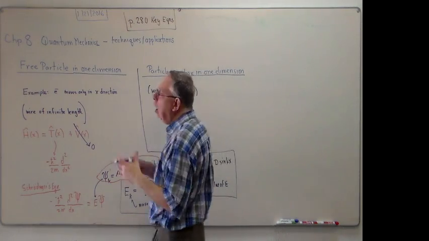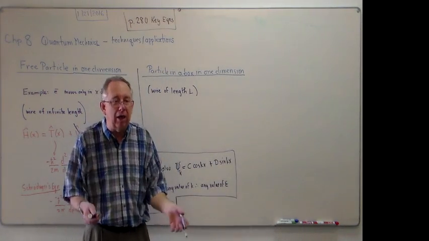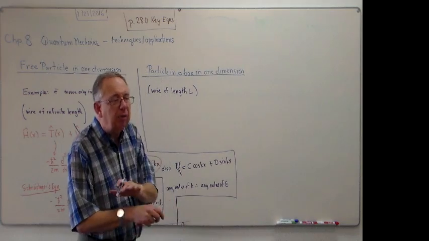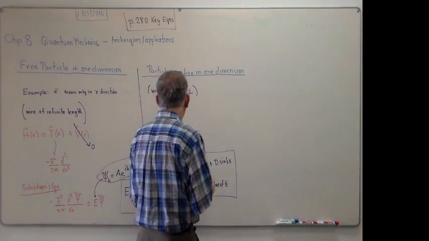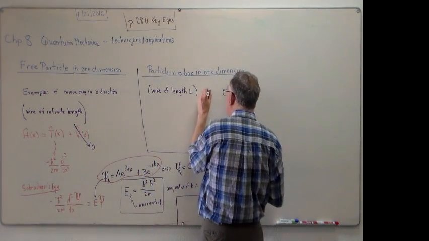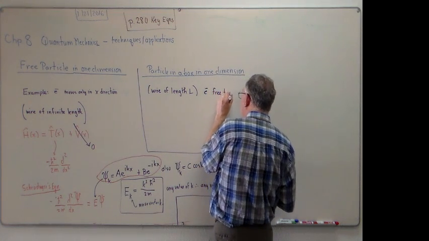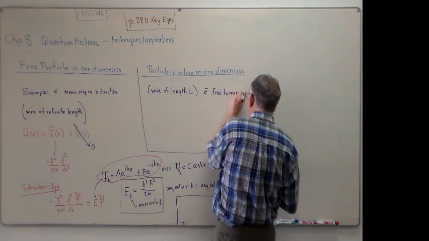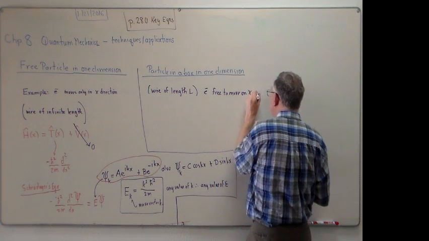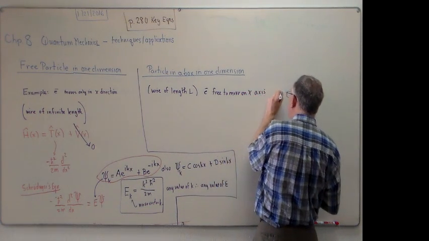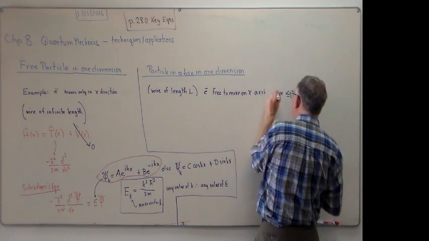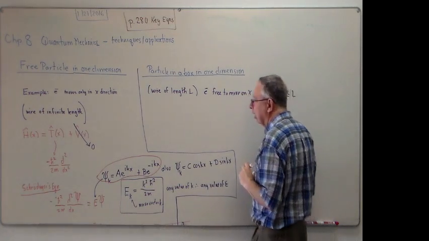So now all of quantum mechanics is going to fall out into our lap right here. Absolutely incredible. So we have a wire of length L. The electron is free to move on the x-axis between 0 and L.